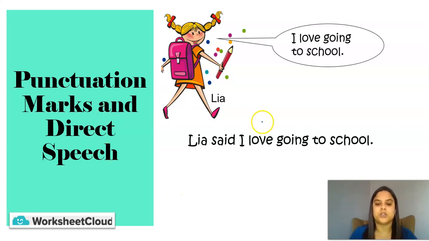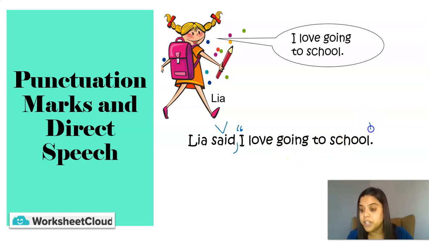My first part of my direct speech is Leah said. This is the verb. Remember, a verb now is introducing what is about to be said. Leah said. And remember, after the verb, we have to put a comma. Then we will have our open inverted commas. I love going to school.